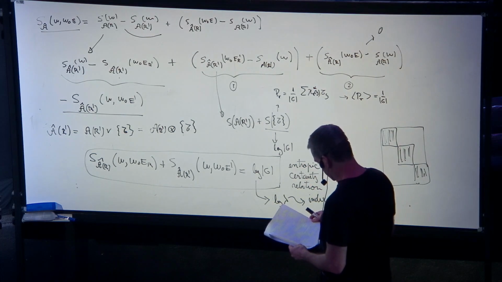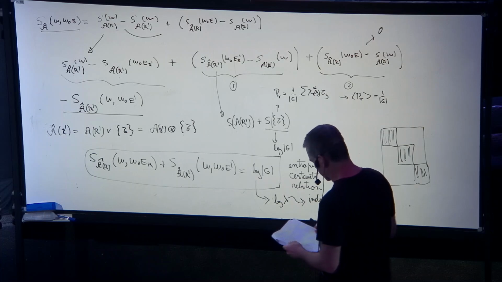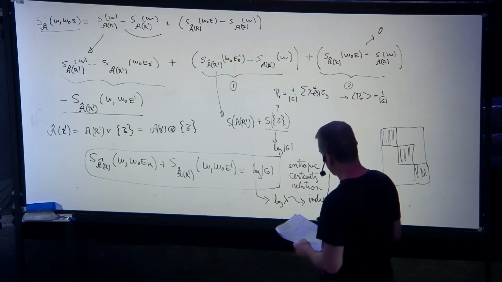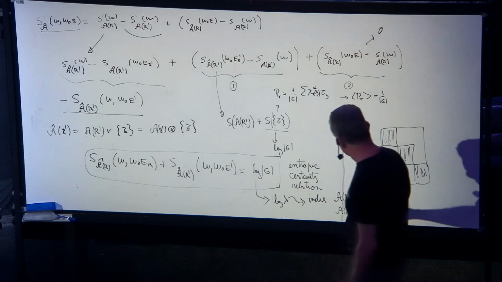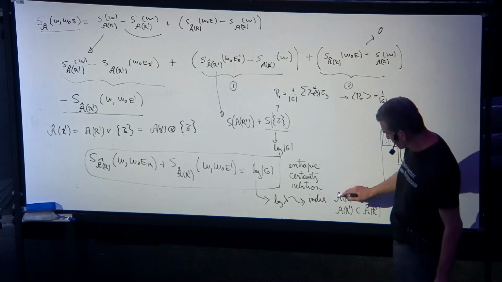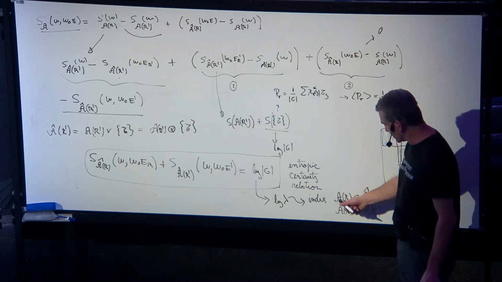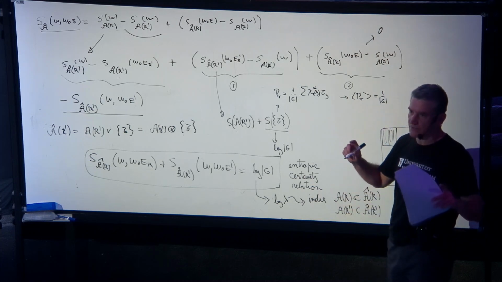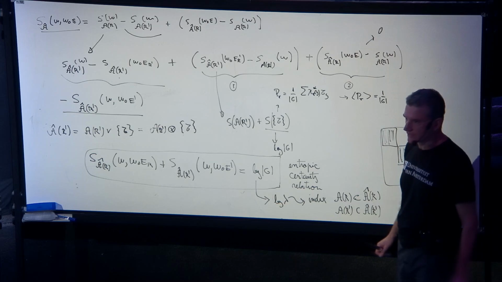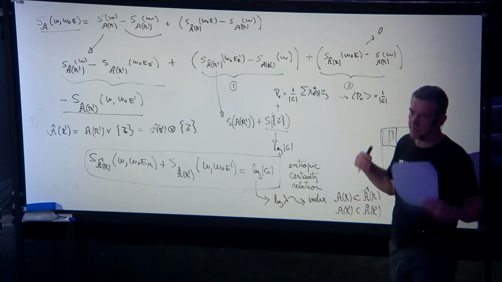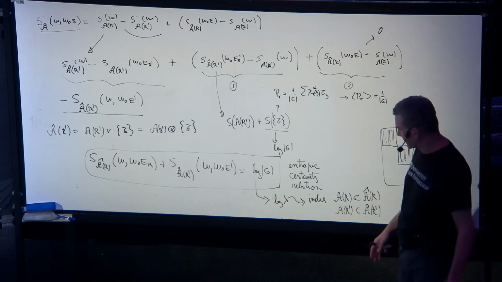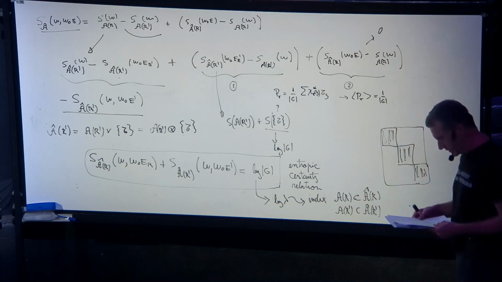The second comment is that this index is what I was saying yesterday, that these two inclusions are of the same size, in the sense that they intuitively have the same number of non-local operators if the index is finite.